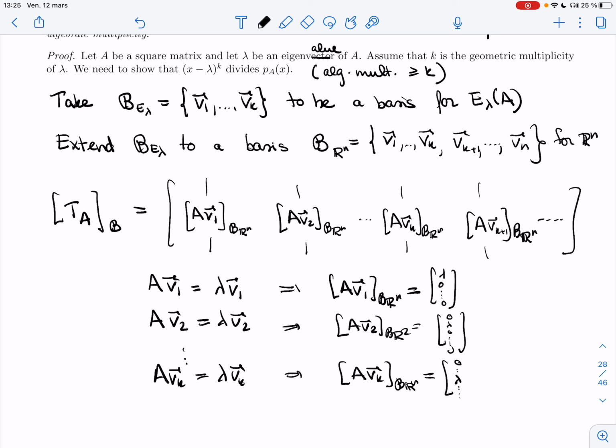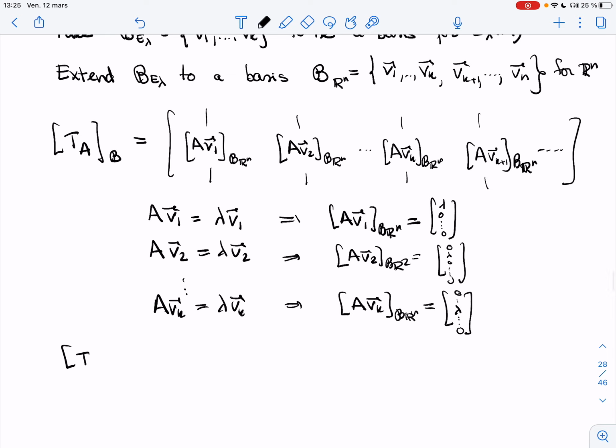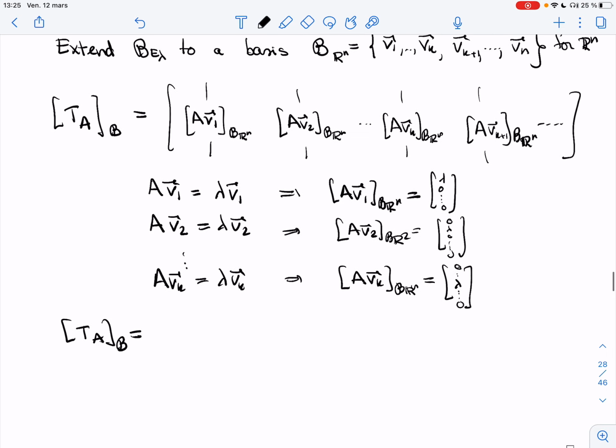So if I look at what the matrix of T_A in B is, those are going to be my first k columns.